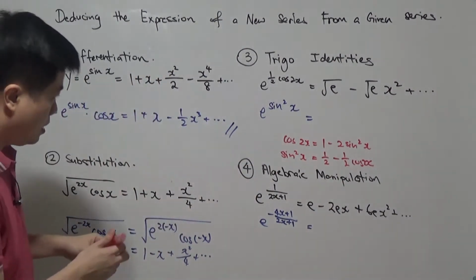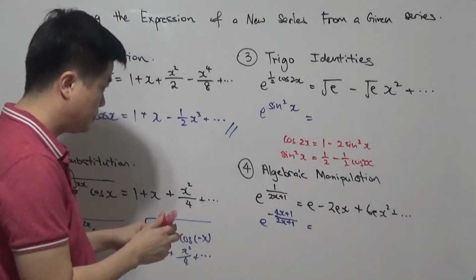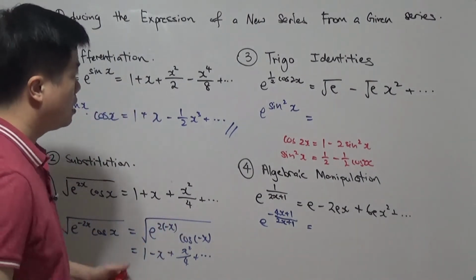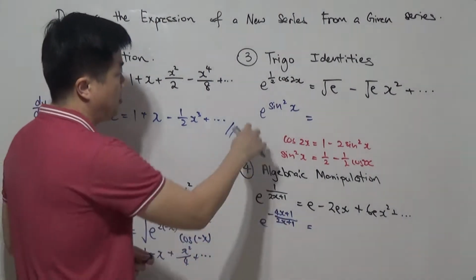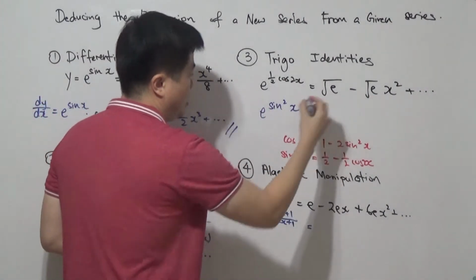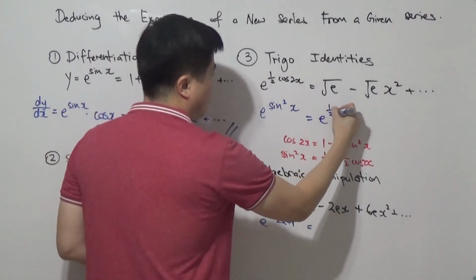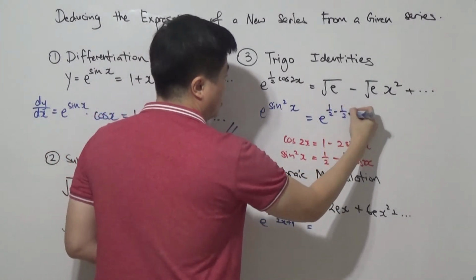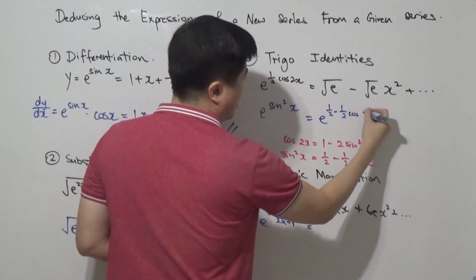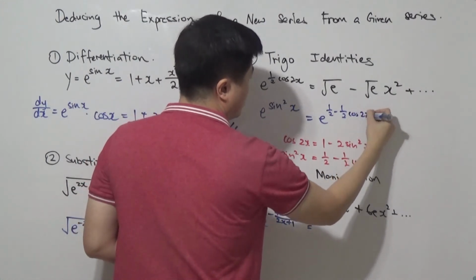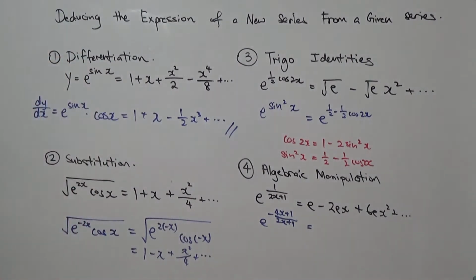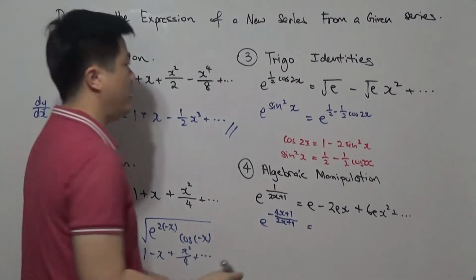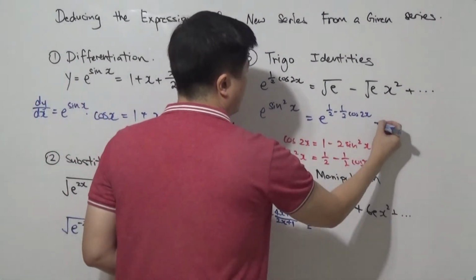Now, in this case, we can simply replace this with e to the power of half minus half cosine 2x. So as a result of that, we can go ahead and work this out. We know that e to the power of half is just square root e.